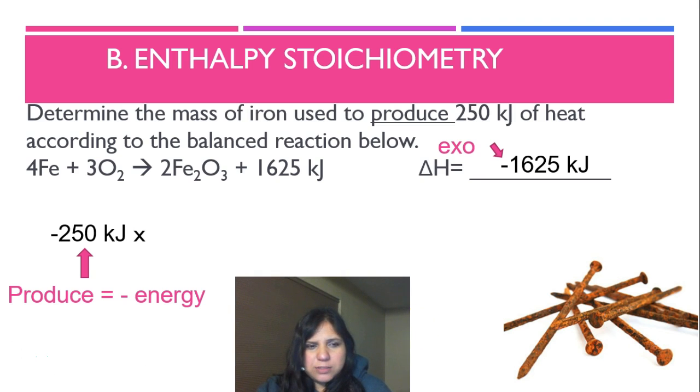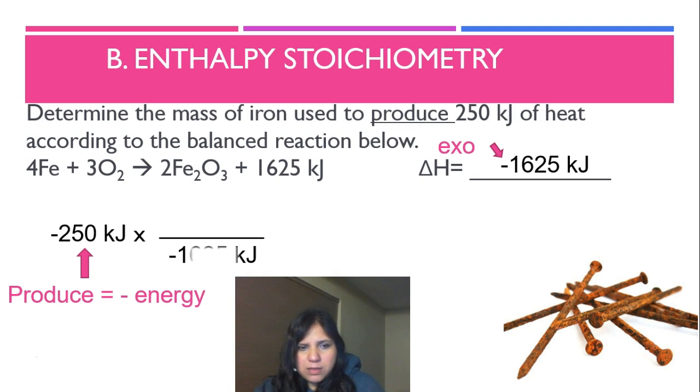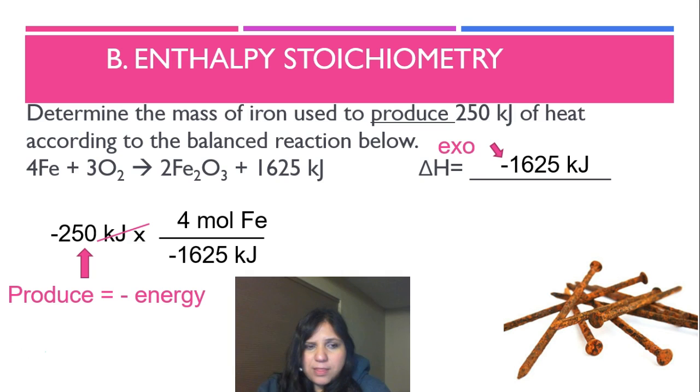We want to cancel out kilojoules, so we need kilojoules to go on the bottom, and that negative 1,625 kilojoules is going on the bottom. That's for every 4 moles of iron. Remember, that's coming from the balanced chemical equation. For every 4 moles of iron, you get this much energy. Then kilojoules cancel.